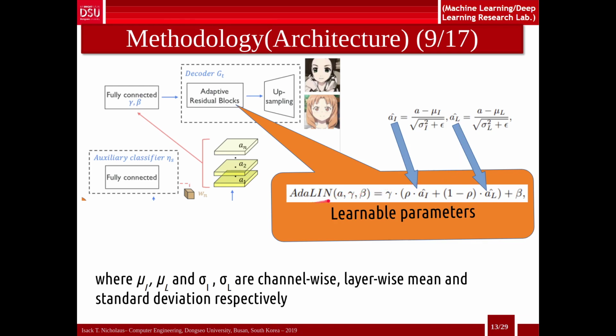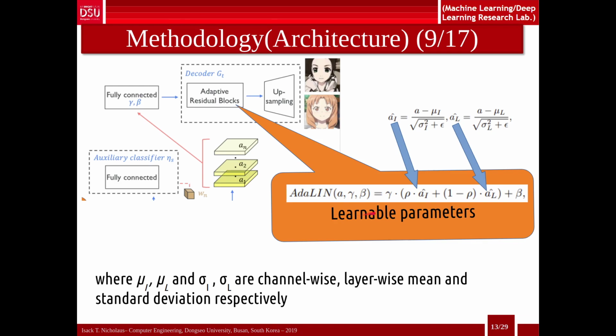So the AdaLIN function will use the given attention feature map, then the learnable parameters gamma and beta, in order to control or adjust, and then decide whether to perform instance normalization or layer normalization.